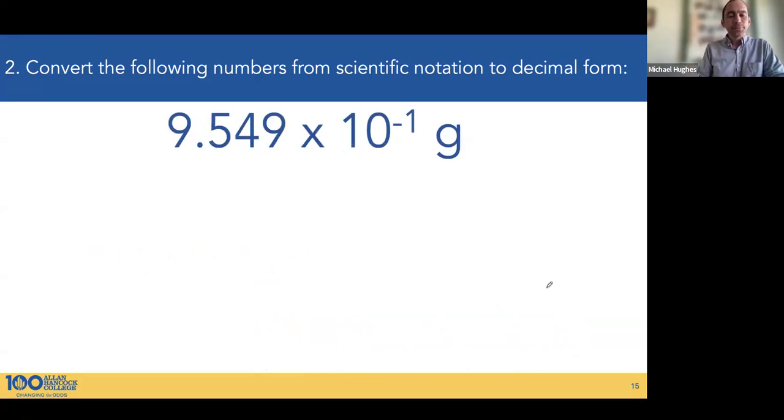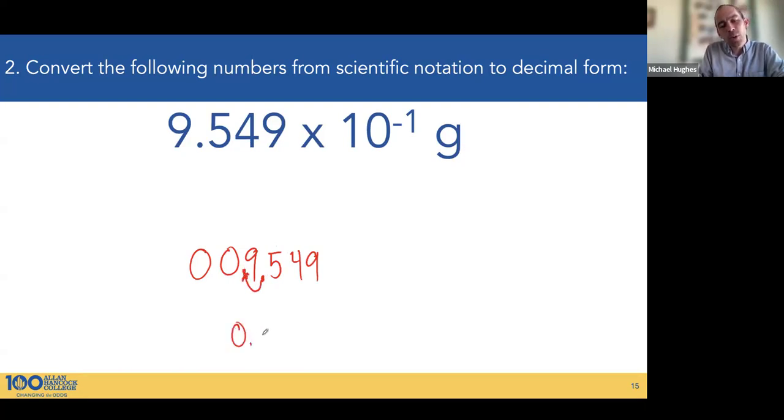All right, just a couple more. So a little bit smaller than 1 gram, 9.549 times 10 to the negative 1. We'll put a couple zeros before 9549, and we'll move in the negative direction 1 time. So just right there.